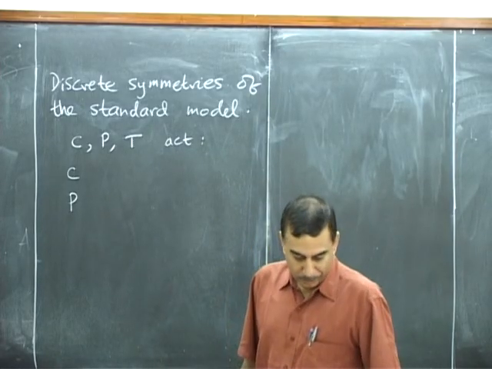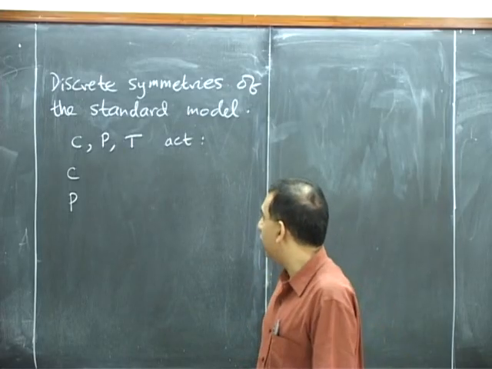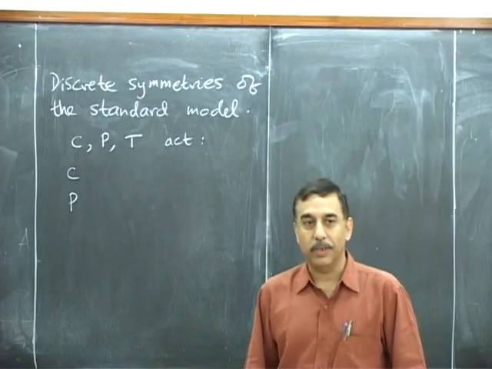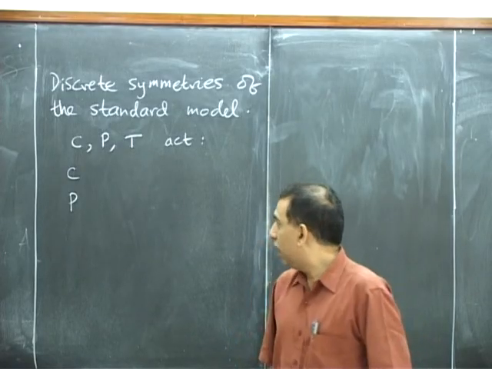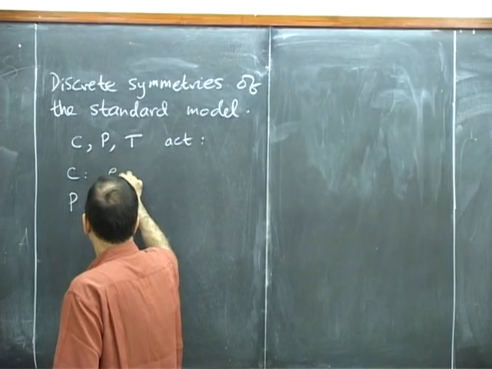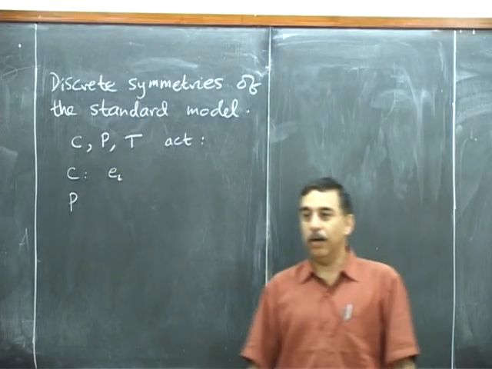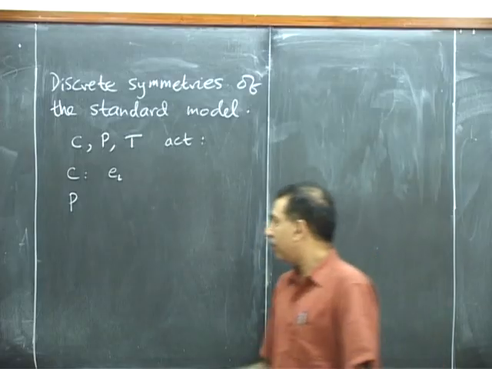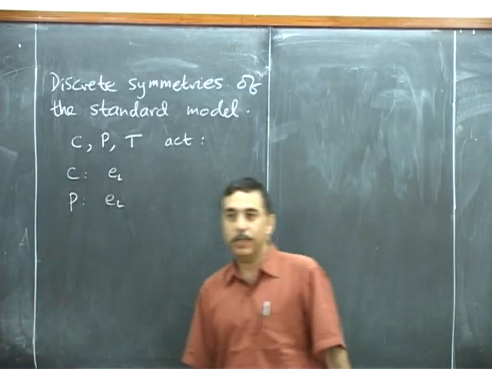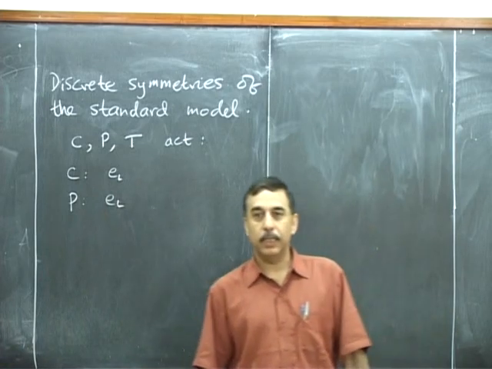Okay, so the question is how do these things act on the fermions? As usual, it's the fermions which are crucial. And we could ask, for example, that C, starting with the left-handed electron, what does it do? And P, starting with the left-handed electron, what does it do? So does anyone want to guess the answer?